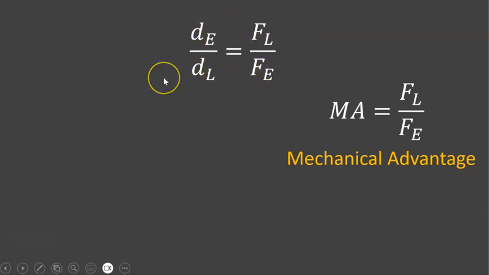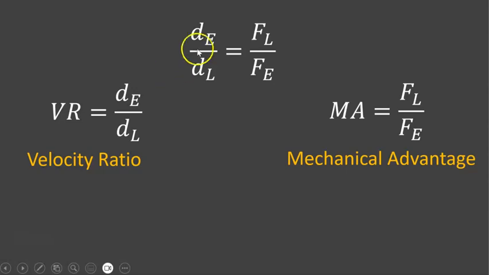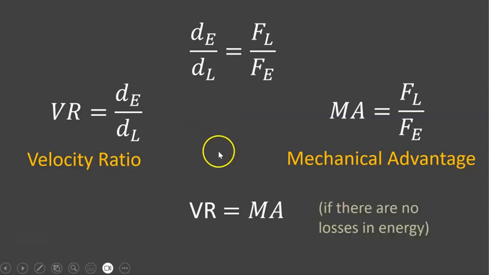So let's define a different quantity called velocity ratio, which is just the ratio of the distances. When there are no losses, because of this relationship, the velocity ratio is equal to the mechanical advantage. This is the reason we define velocity ratio in this way, to make them equal when there are no losses.